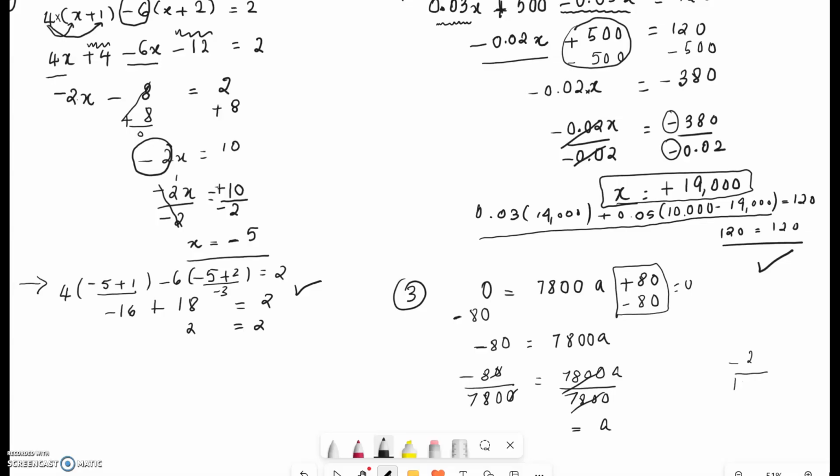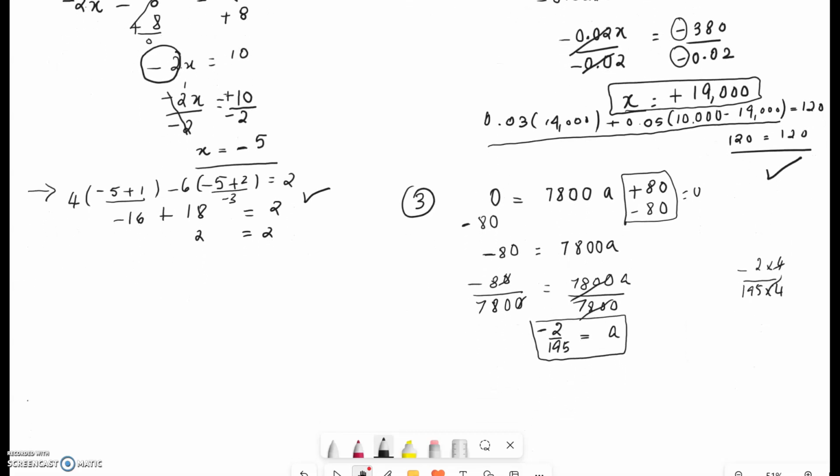And this is equal to negative 2 over 195. So that's 2 times 4 and then 195 times 4, but you can use your calculators to do it. Remember that if your calculator gives you a decimal answer, there's a function in your calculator that will change it to a fraction.